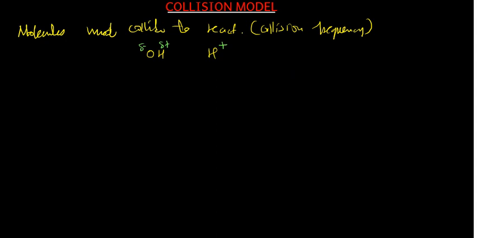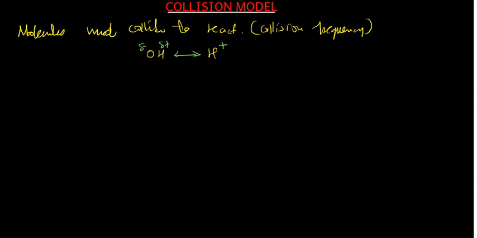For the collision to happen between a hydroxide and hydrogen, of course, it can collide in this way. But if this kind of collision happens, no chemical reaction is going to happen. Why? Because the orientation is not right. For a collision to produce a chemical reaction, the orientation should be right.